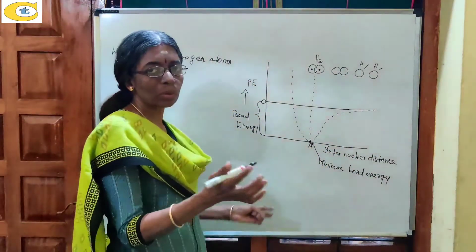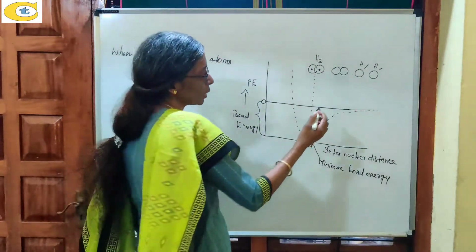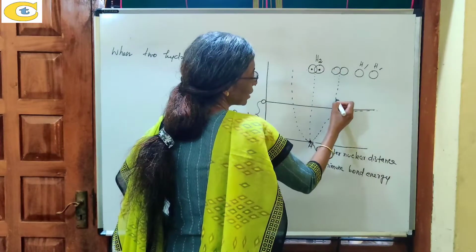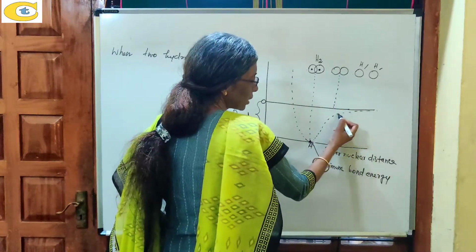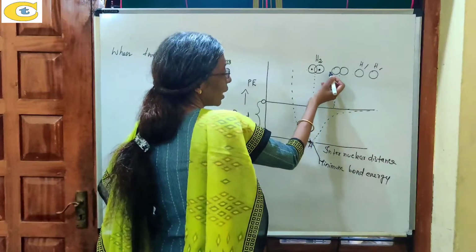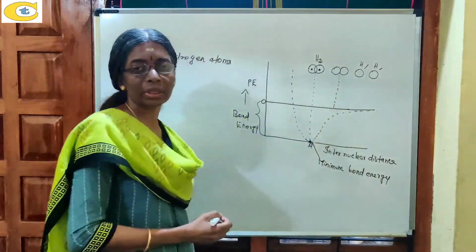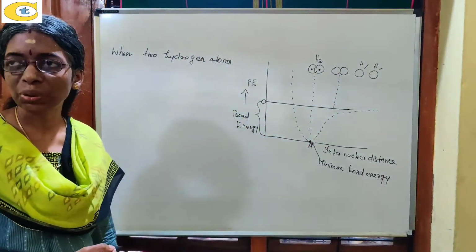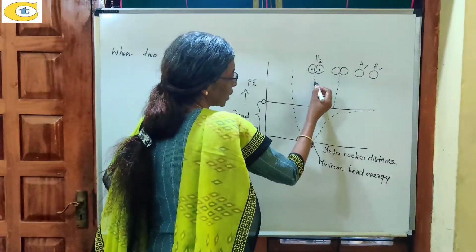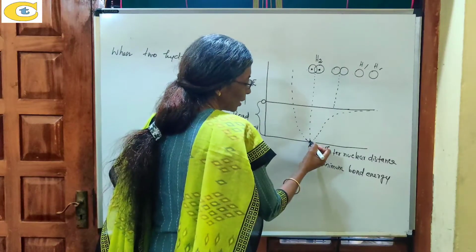When they come closer to each other, what happened? The potential energy, you see in the graph, decreases. From 0 it is still coming down. Then when they come even closer, H2 molecule is formed. When H2 molecule is formed, the potential energy becomes still less.